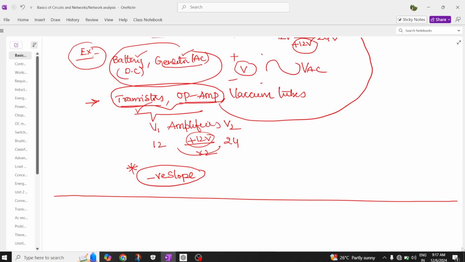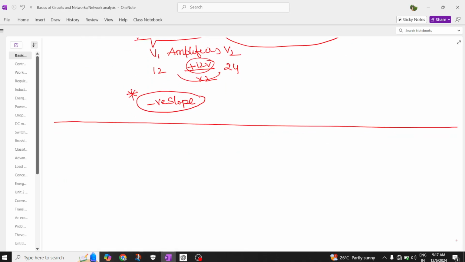Now coming to passive elements, what is meant by passive elements? These are the elements which absorb the energy generated by active elements.